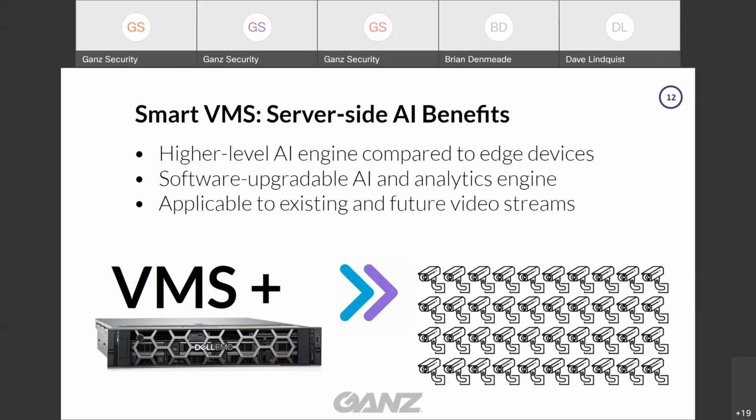Brian, do you want to touch on that as well? It sums it up pretty well. Essentially, whereas in the prior slide we saw the downside of replacing existing cameras with smart cameras is a great impact on the investment of the initial deployment, the benefits of just taking a server and putting it on your network, and then being able to pull all those streams into the server and applying the analytics to those streams provides a much more affordable solution than what potentially would be replacing or retrofitting your entire infrastructure.